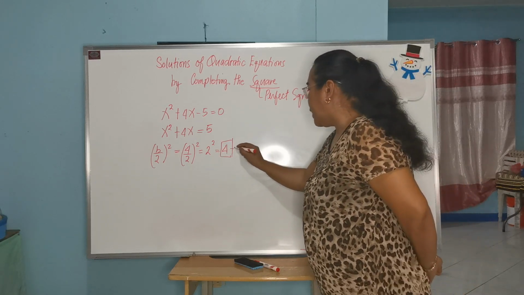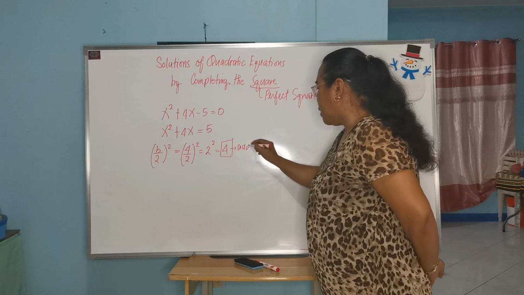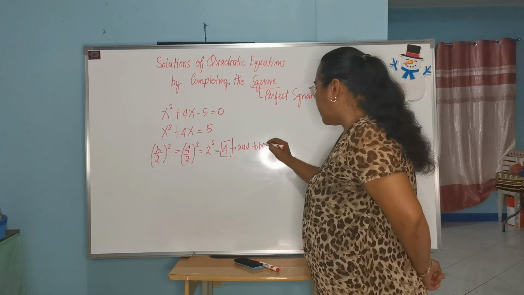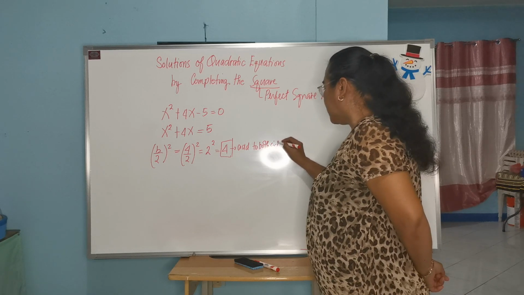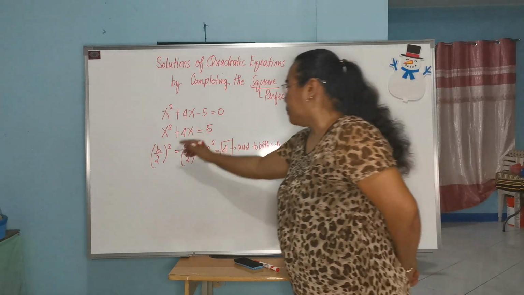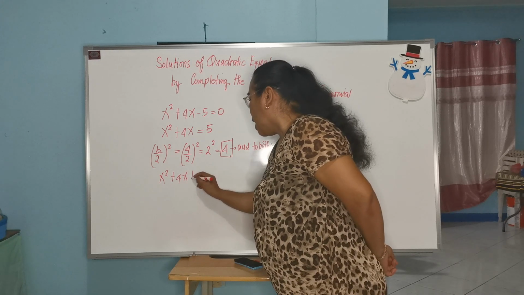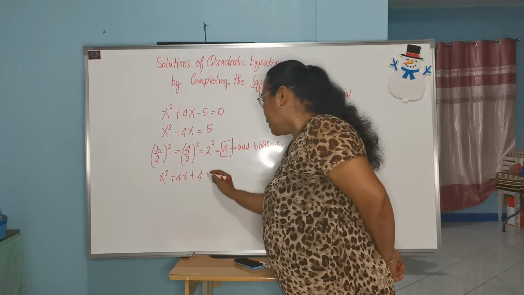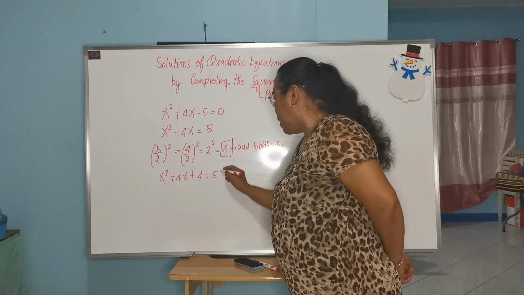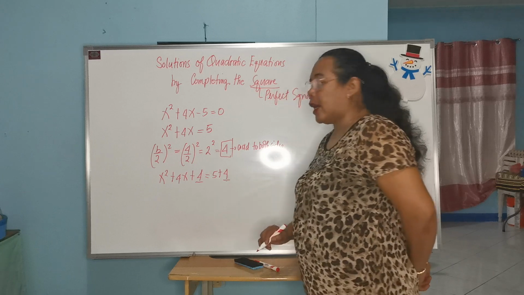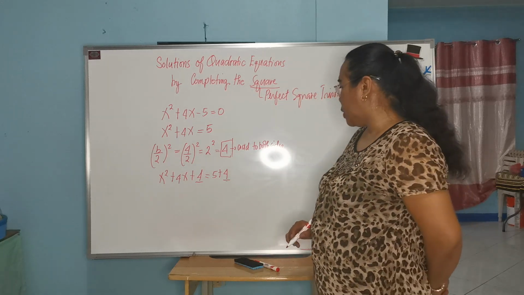This would be added to both sides of our equation. So it would give us x squared plus 4x plus 4 is equal to 5 plus 4. You notice that 4 is added to both sides of our equation.